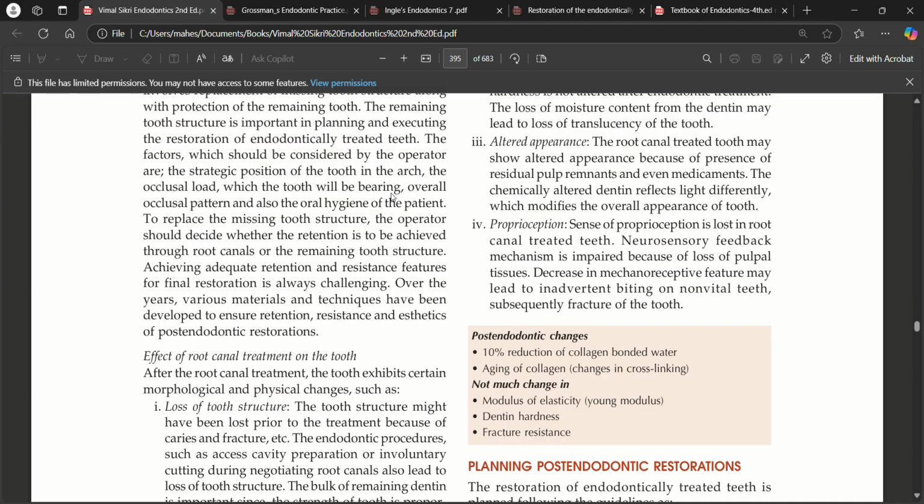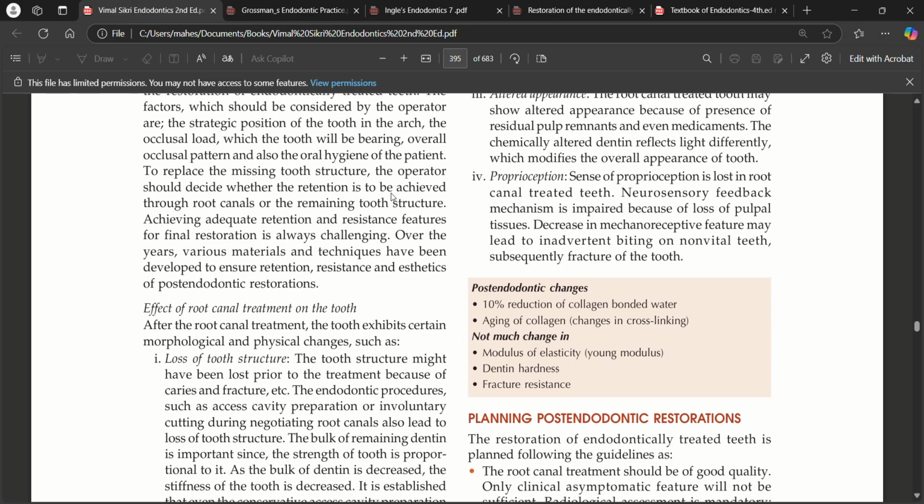So, what is the effect of root canal treatment on the tooth? After root canal treatment, the tooth exhibits certain morphological and physical changes, such as loss of tooth structure. The tooth structure might have been lost prior to the treatment because of caries and fracture.